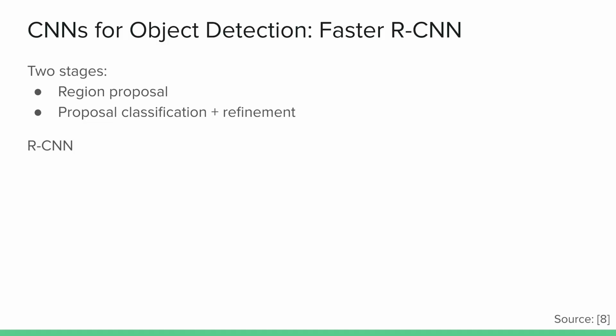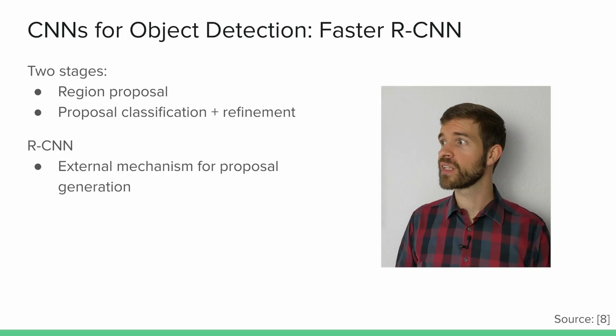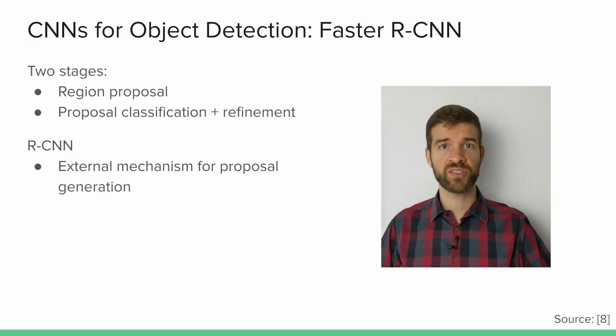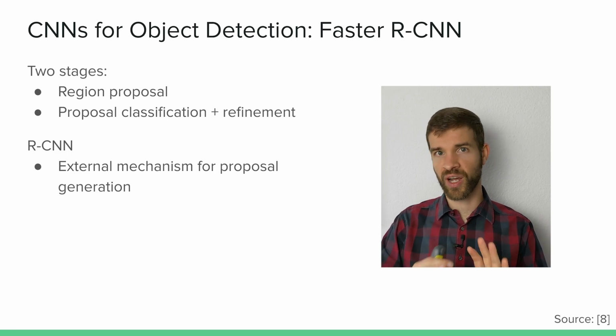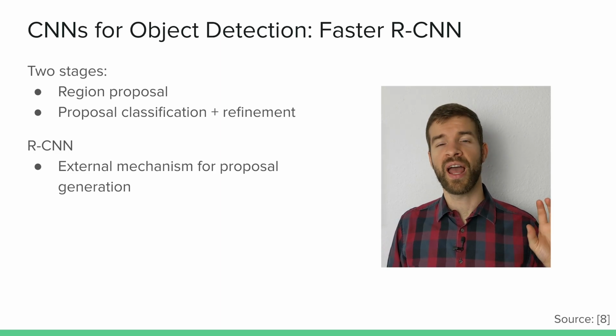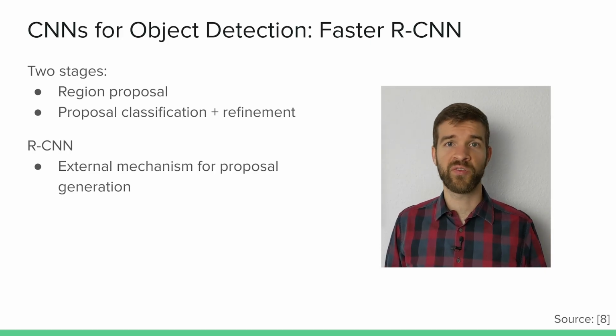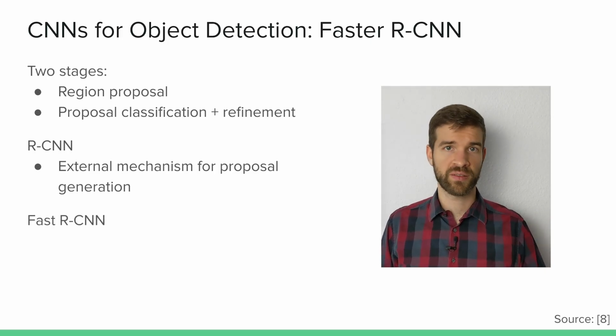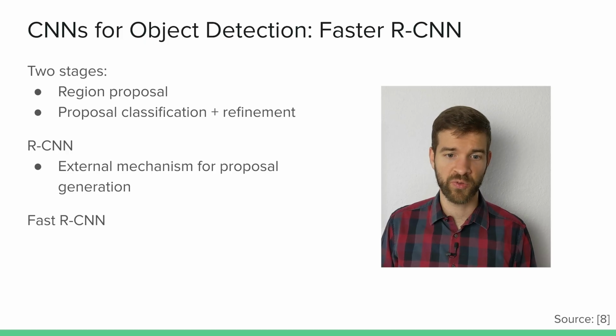RCNN was the first thing that used this in such a way that it had an external mechanism to create these proposals, this first stage. For example, there was kind of a bottom-up clustering algorithm that kind of tried to find good regions that belong together, and each of these things was then fed into a network that classified this, as we've seen before.